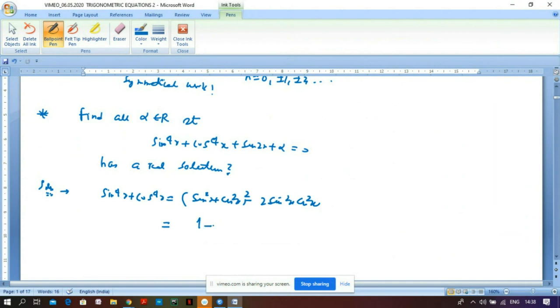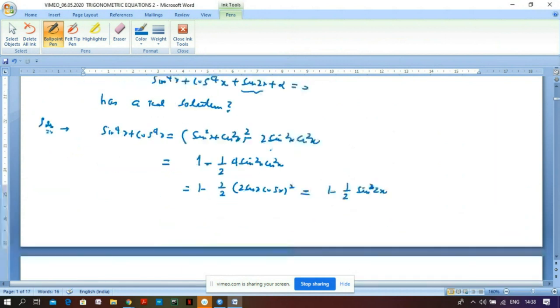And this I can write as 1 over 2 times 4 sine square x cos square x, because that tells me that I can further write twice sine x cos x whole square, and then it is 1 minus half sine square 2x. Already we have got sine 2x here, so that gels well with it. Now our equation reduces to 1 minus half sine square 2x plus sine 2x plus alpha is 0.